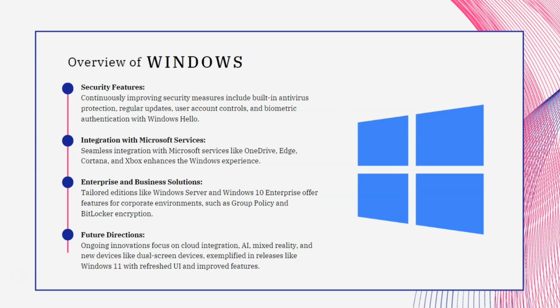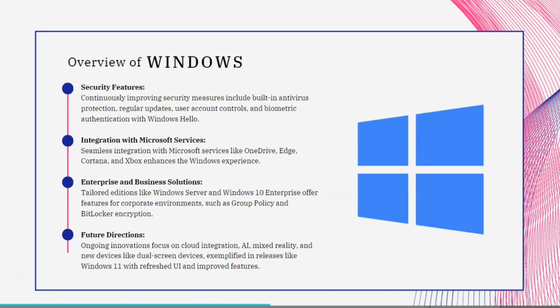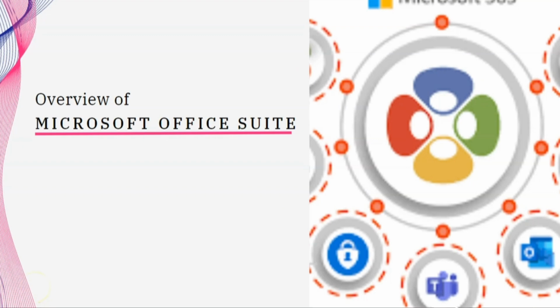Its tailored editions like Windows Server and Windows 10 Enterprise offer features for corporate environments, such as group policy. Ongoing innovations focus on cloud integration, AI, mixed reality, and new devices like dual-screen devices. And this we've seen in new releases like Windows 11 with a refreshed UI and improved features. Most of us probably use Windows 11 and we're not using everything that is in it.